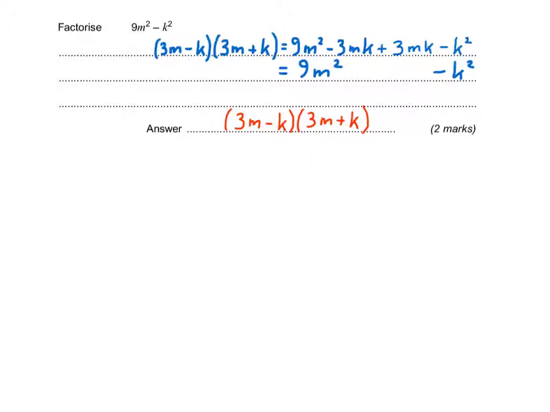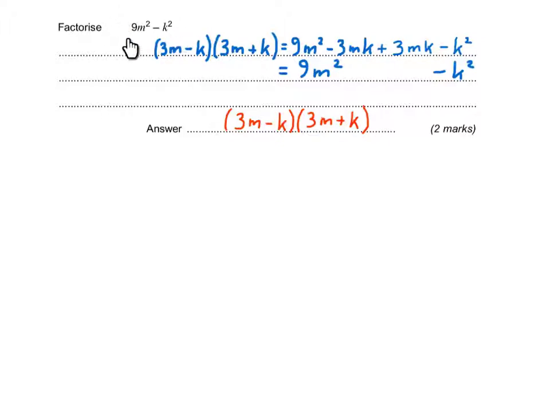The trick to it is that 3m is the square root of 9m squared, because 3m times 3m gives you 9m squared. K is the square root of k squared, because k times k gives you k squared.